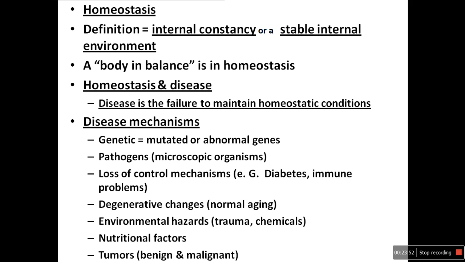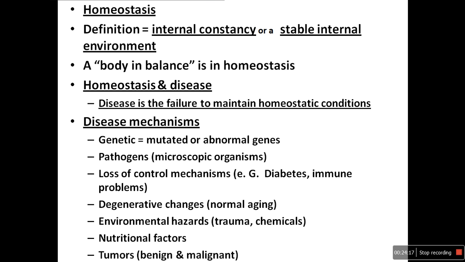Homeostasis and disease. A disease is the failure to maintain homeostatic conditions. So what is the relationship between a disease and homeostasis?